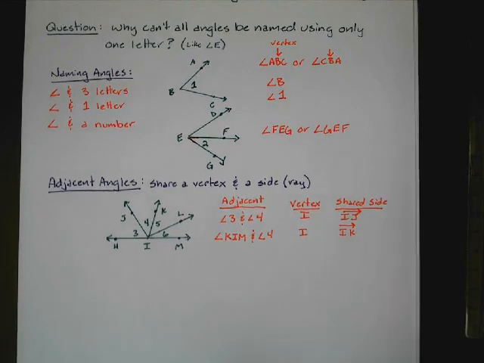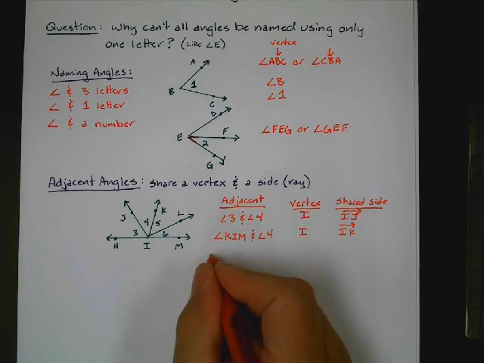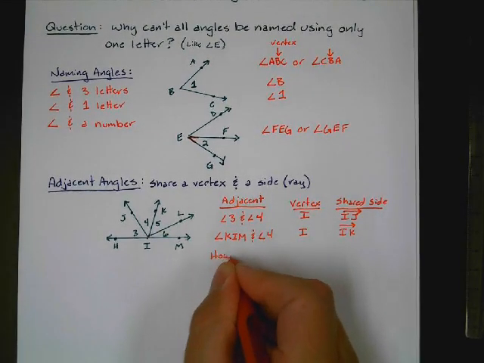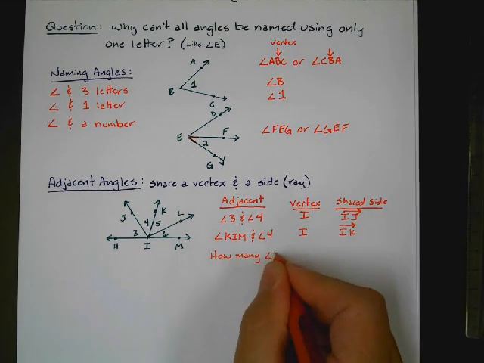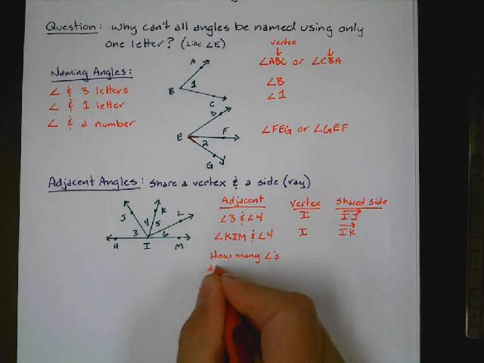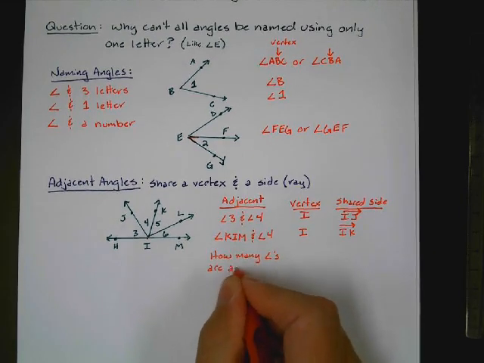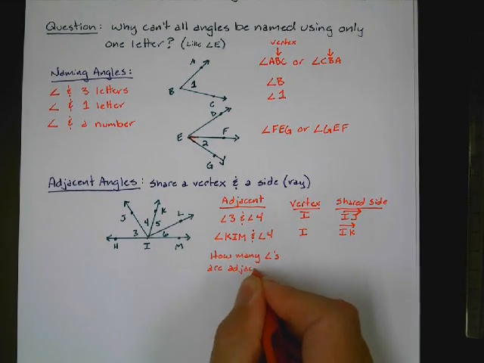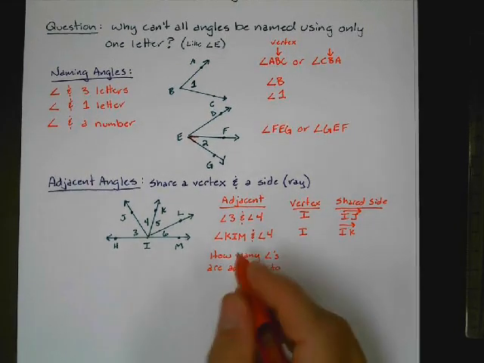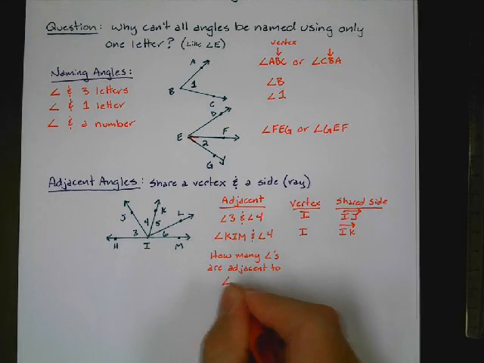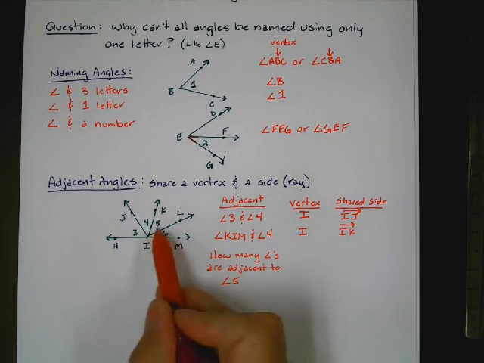All right, last question. How many angles are adjacent to angle 5? Okay, so here's angle 5.